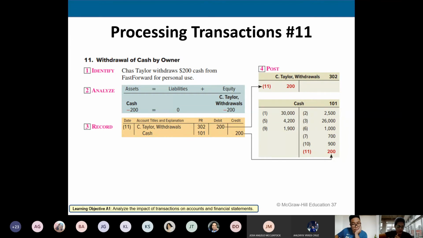So he has to withdraw a certain amount of 200 sa business niya kasi sa kanya naman yun. You as the accountant, wala kang magagawa kung gusto mag-withdraw ni C. Taylor for personal use.